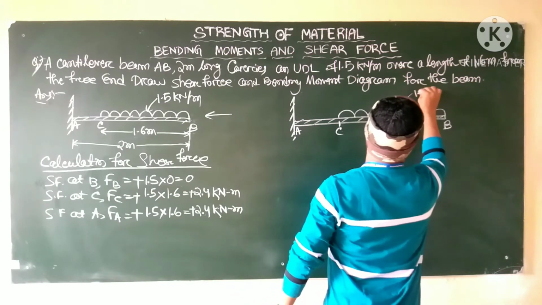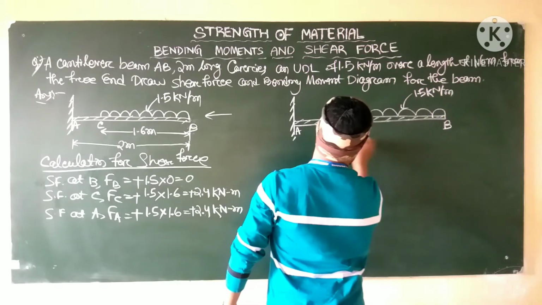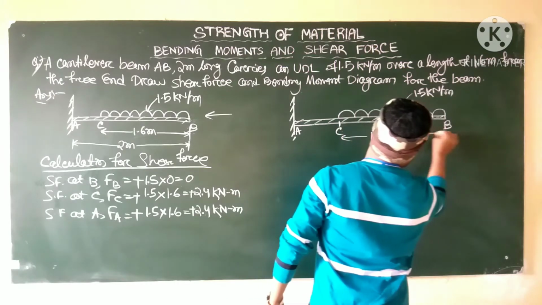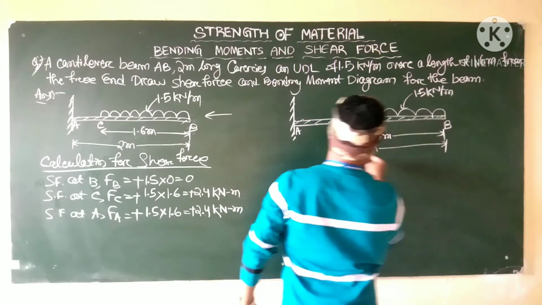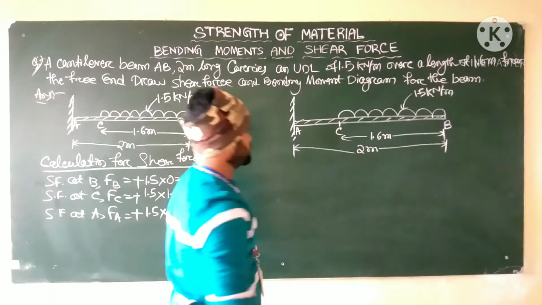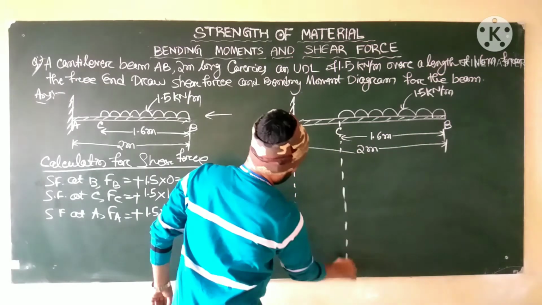UDL amount is 1.5 kilonewton per meter. The distance is 1.6 meter. Then the total distance is 2 meter. Now we make a dotted line below every point.